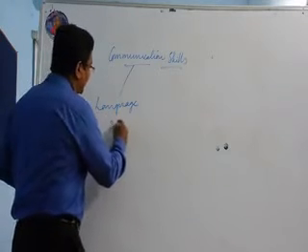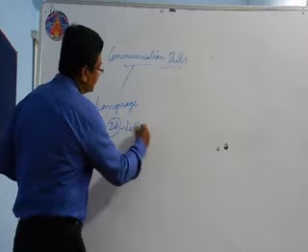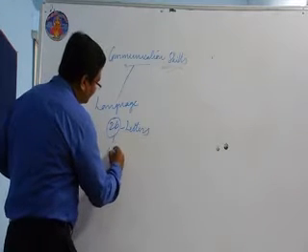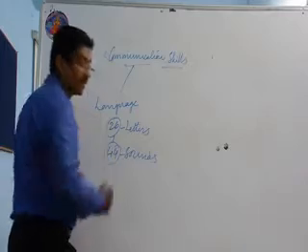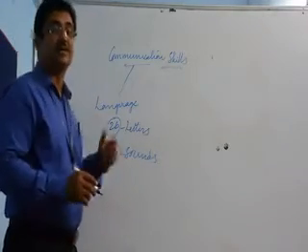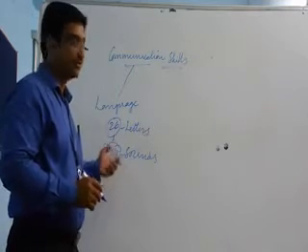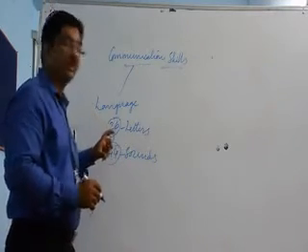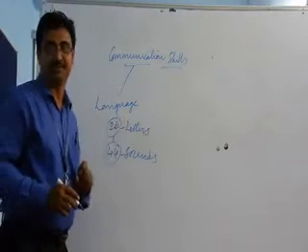We have 26 letters, but we have 44 sounds. Based on the sound, our accent, our voice, everything will be changed. So we have to give maximum concentration to sounds. Then you can speak good English.